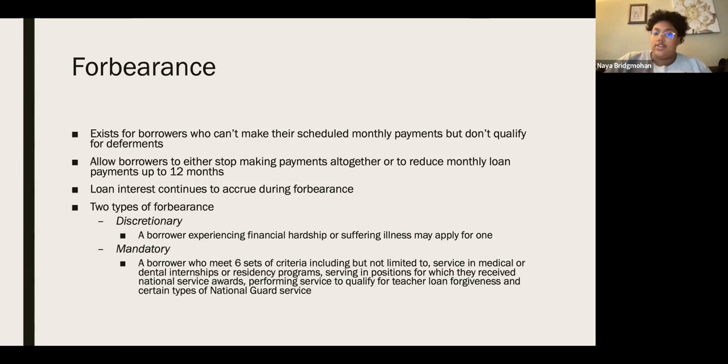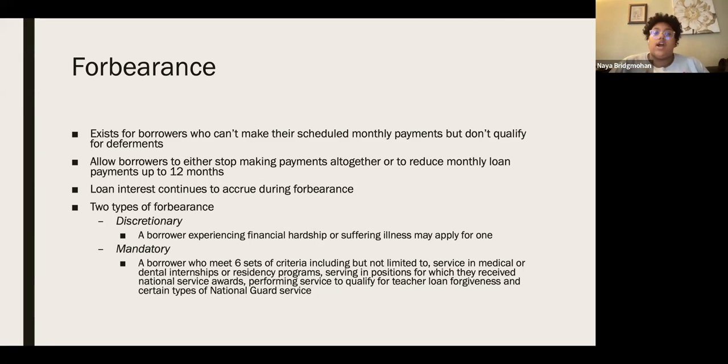There are two types of forbearance. Discretionary: a borrower who has experienced financial hardship or suffering illness may apply for one, but they might not be granted. They can apply, but it's not always going to be granted by the individual who reviewed it.